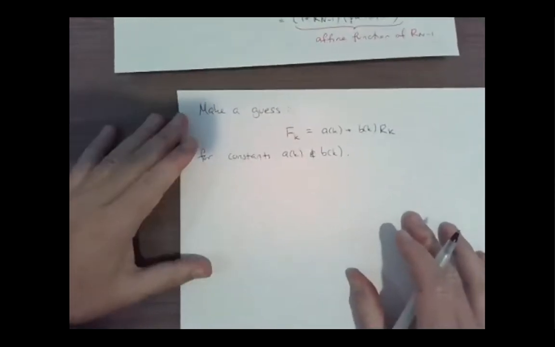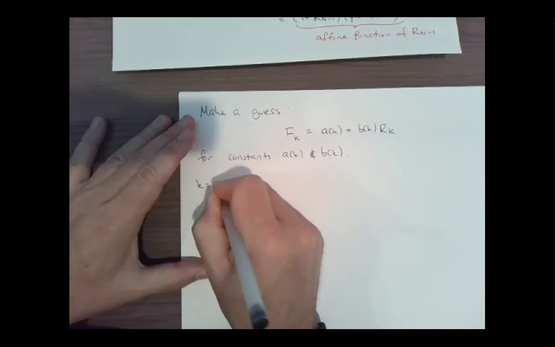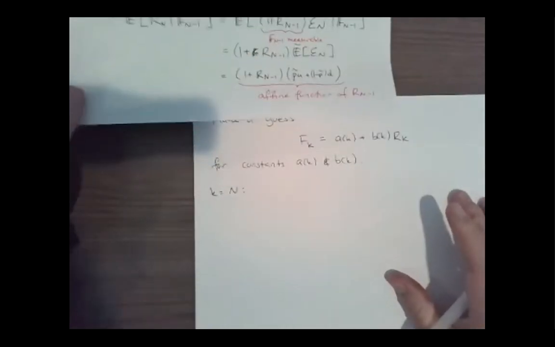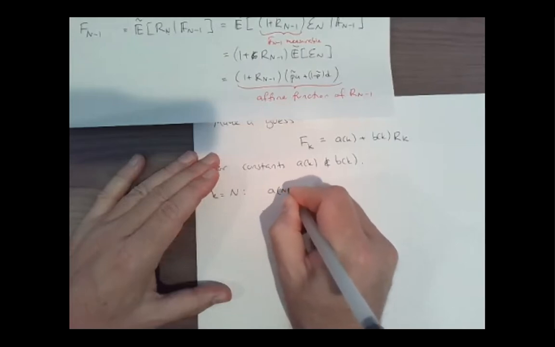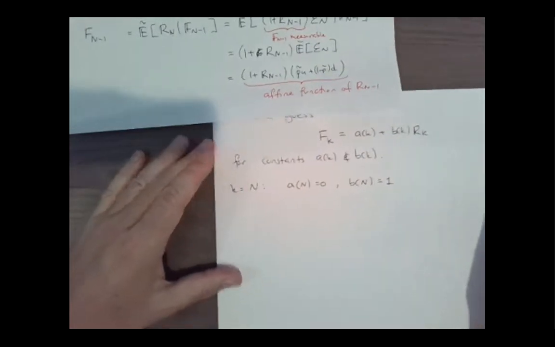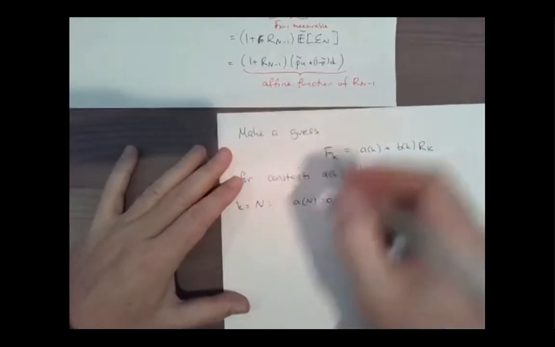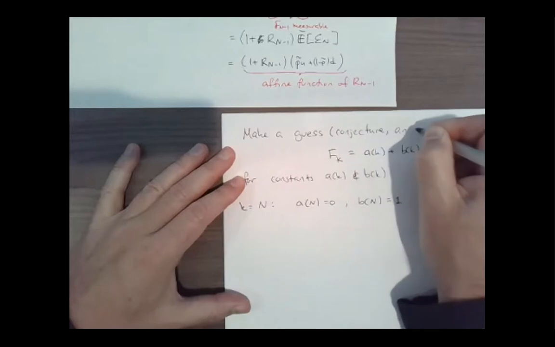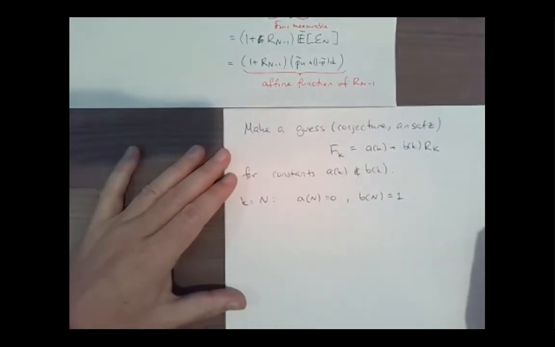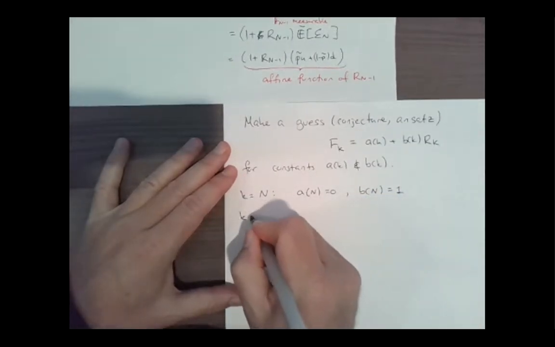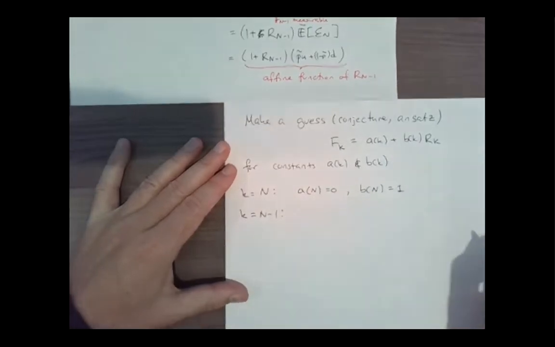At least it works when k is equal to n: when k is equal to n, F is just R, so A_n is 0 and B_n is 1. There the guess works. Some people call this a conjecture, some call it an ansatz. It's just a guess, and then we're going to check that it's true, but at least we can see fairly easily that it's true at the last two points.